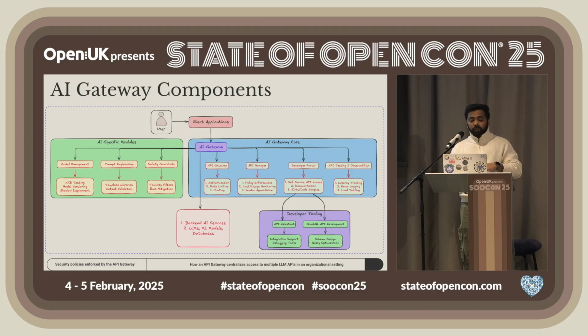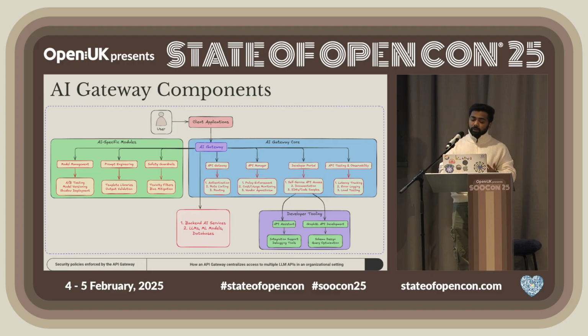Then the client application sends a request to the API gateway, which is shown there. When you see how the security works here, the API gateway helps with security and traffic control. It will help you with authentication, rate limiting, routing.